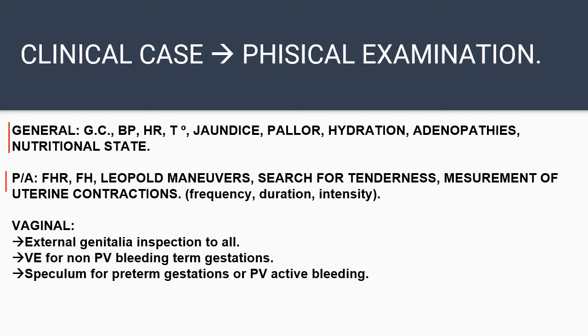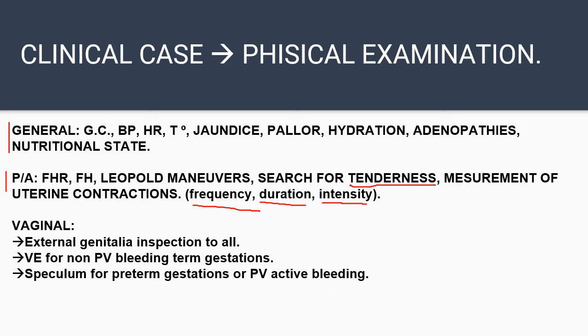Search for tenderness, that is a very important part that not everyone remembers, because tenderness is not a normal thing in labor. And the measurement of uterine contractions, to look at the frequency, the duration, and the intensity of the uterine contractions. That is also something that nobody does in the ward because of lack of time or because they are very tired, like in this situation.